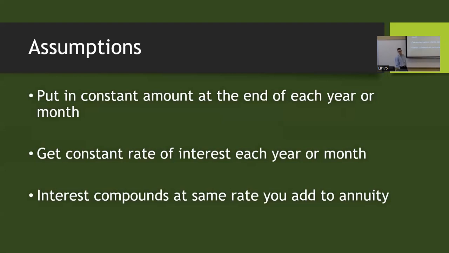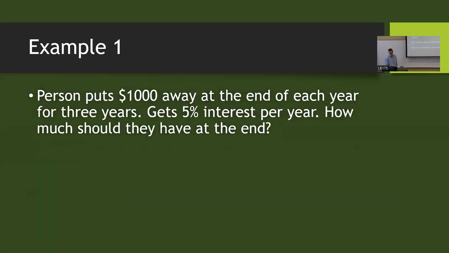And if I put in every quarter, I assume that the interest compounds quarterly. So the interest is going to compound at the same rate that I add to my annuity. That makes sense. So whether that's monthly, yearly, quarterly, whatever.